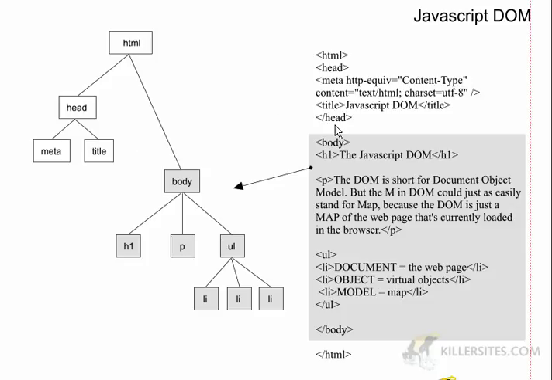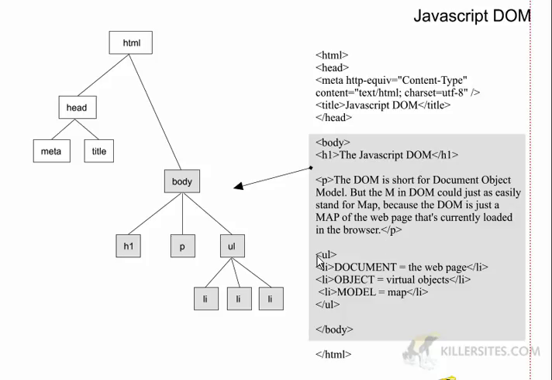Let's scroll down here. All this code highlighted in gray represents this stuff highlighted in gray here. We start with the body, and the body wraps all these tags, of course. So we've got the body at the top of this hierarchy, and underneath the body fall all these tags. We've got our paragraph, and our H1.